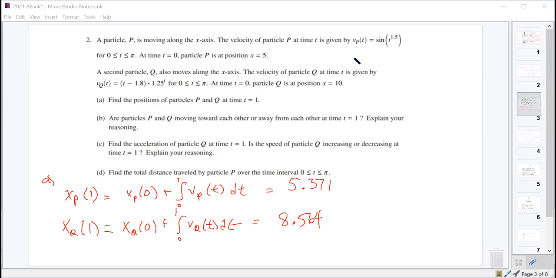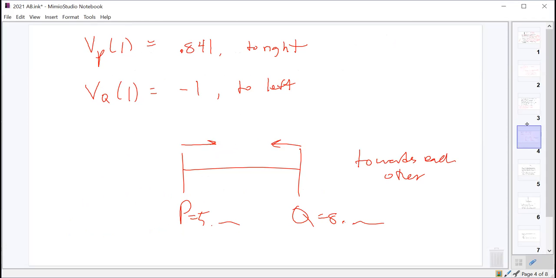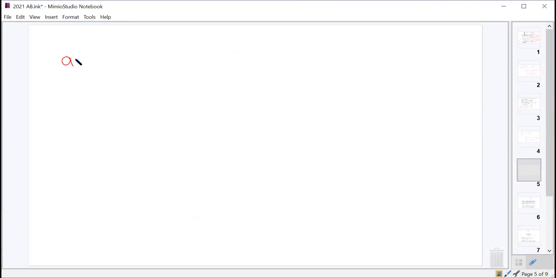All right, part C. Find the acceleration of q at t equals 1. So acceleration of q at 1 is just v prime of q at 1, and your calculator will figure out that value for you. What's the derivative of v sub q at 1? People agree with that? Okay.